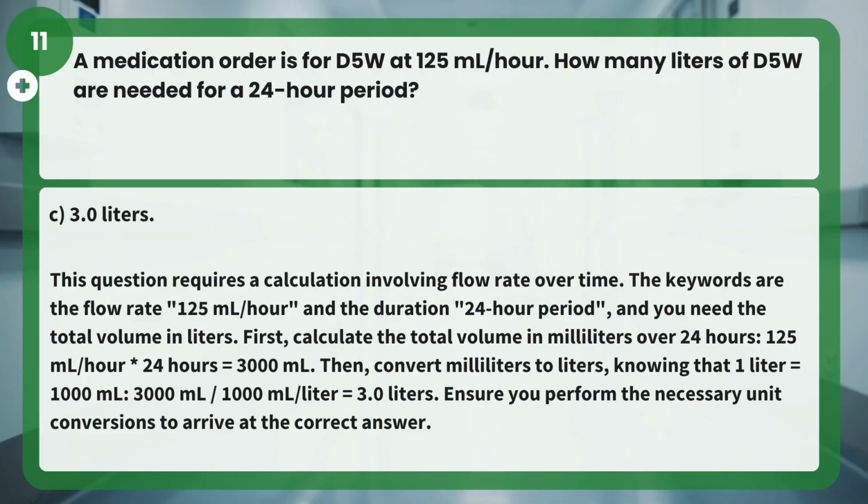First, calculate the total volume in milliliters over 24 hours. 125 milliliters per hour times 24 hours equals 3000 milliliters. Then, convert milliliters to liters, knowing that 1 liter equals 1000 milliliters. 3000 milliliters / 1000 milliliters per liter equals 3.0 liters. Ensure you perform the necessary unit conversions to arrive at the correct answer.